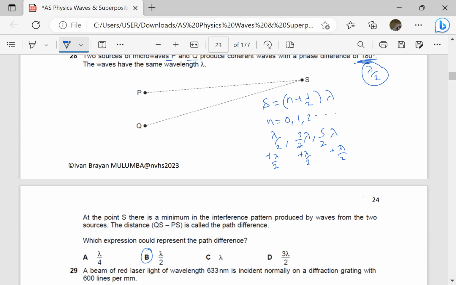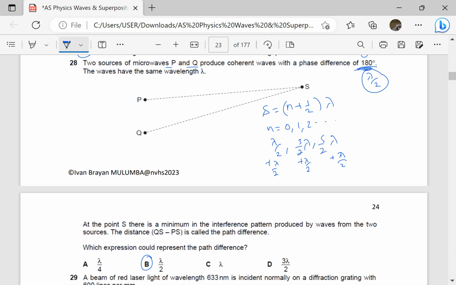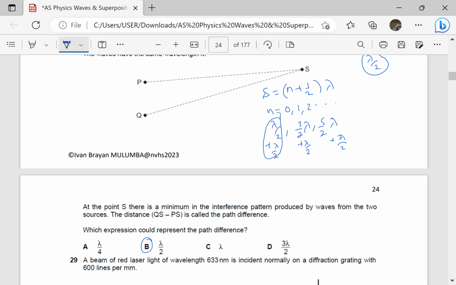So we expected that if the phase difference between the two sources was initially 0 degrees, we would expect at point S a maximum. Unfortunately, since the phase difference is 180 degrees between the two sources, at point S it is actually becoming a minimum. Therefore, the path difference lambda is going to be a half lambda plus half a cycle.